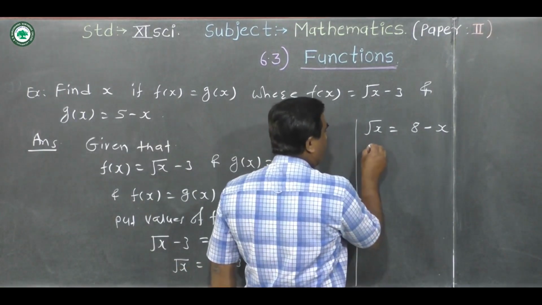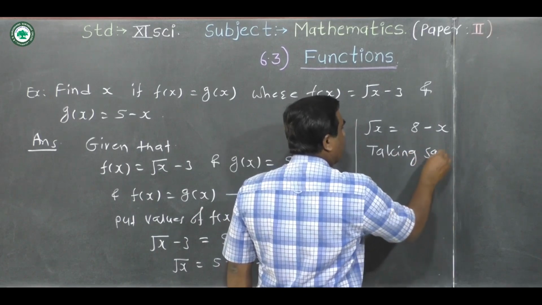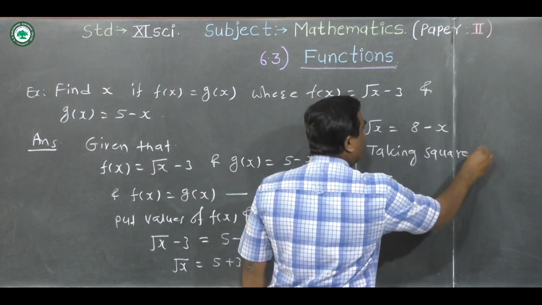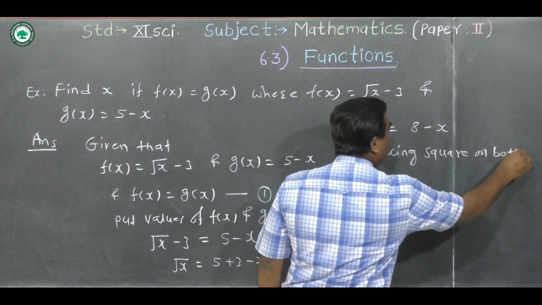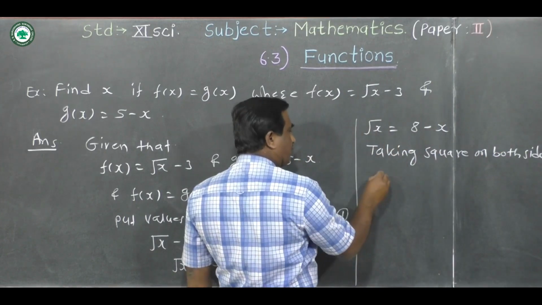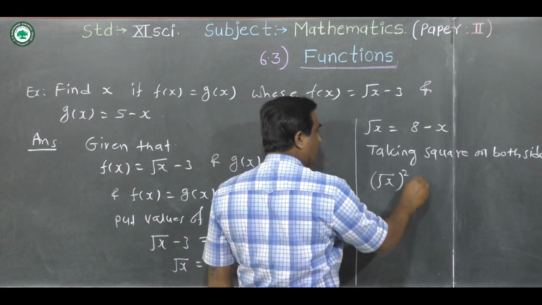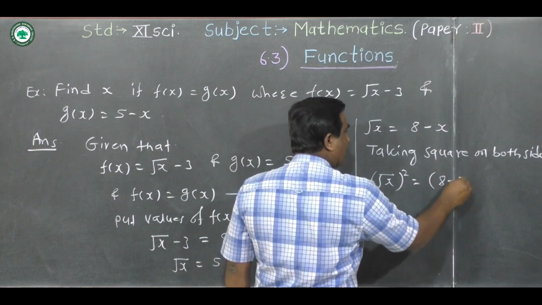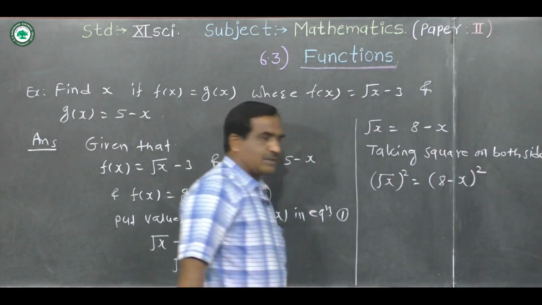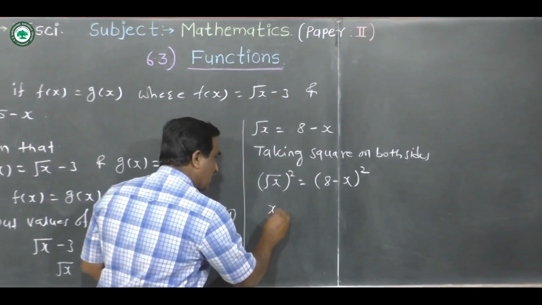We can take square on both sides. That is, we get here (under root x) bracket square is equal to (8 minus x) bracket square. Now here square root and square cancel out, remains only x.